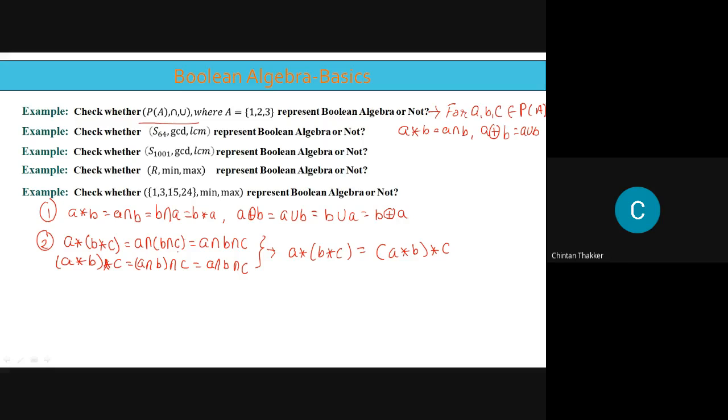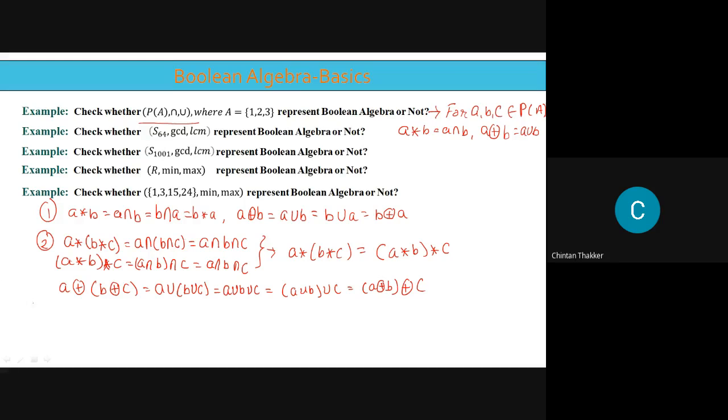Similar way, we can prove for the union also, that for the ring sum, A ring sum (B ring sum C) is equal to A union B union C, that is A union B union C, and that can be written as (A union B) union C. So it is (A ring sum B) ring sum C. Okay.